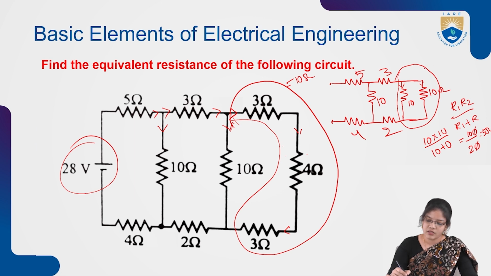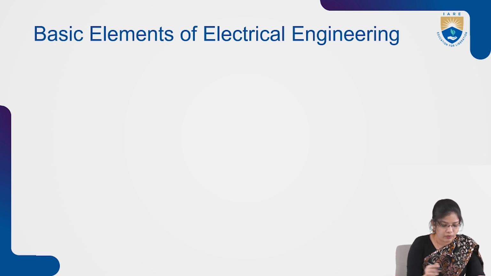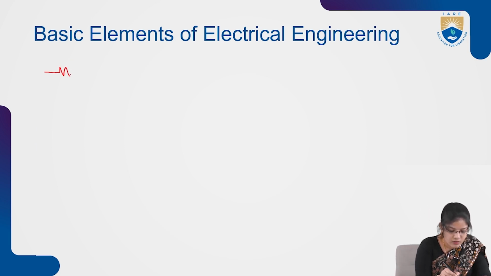So after getting this value as 5 ohms, again we have to redraw the network. So the network can be redrawn as, so two resistances.